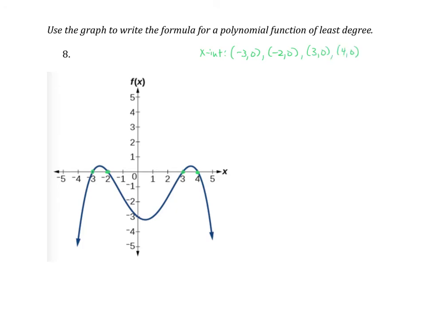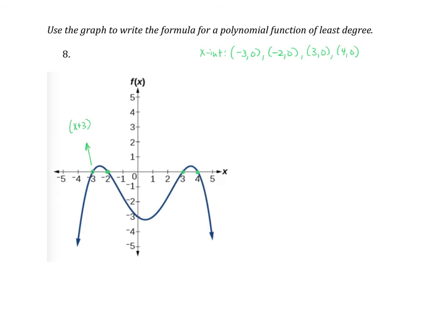So the zeros are -3, -2, 3, and 4. Now each zero comes from solving a factor, right? So if I know that the zero is negative 3, that means the factor associated with that is x plus 3. Because when I solve x plus 3 equals 0, I get negative 3.